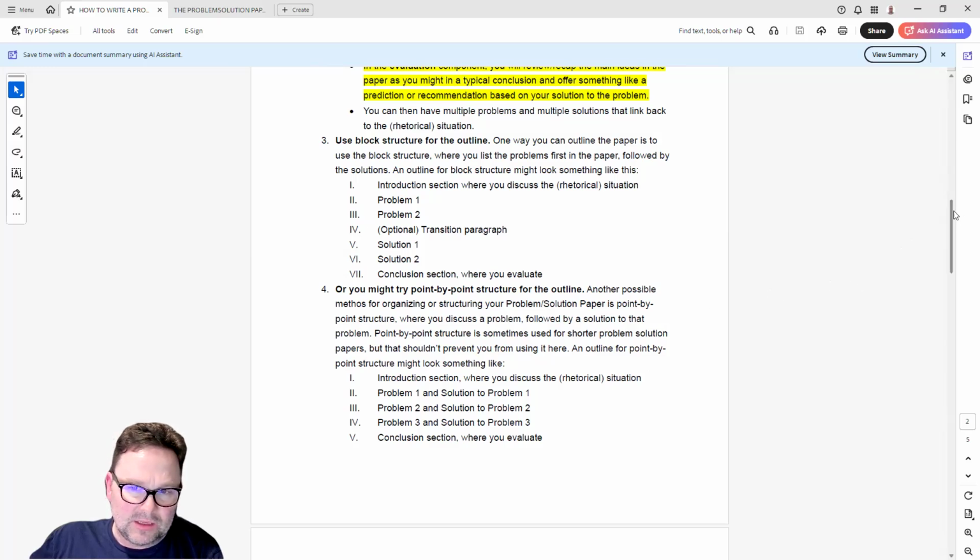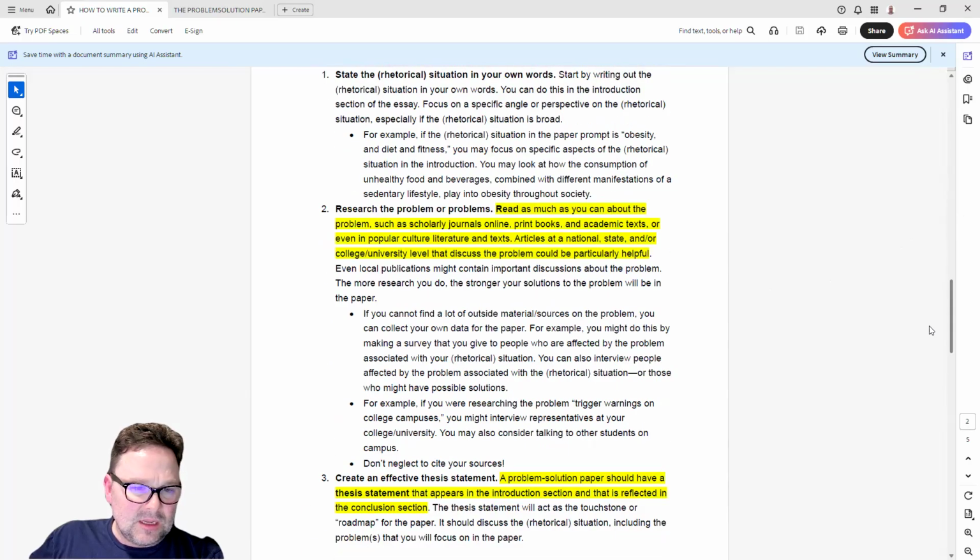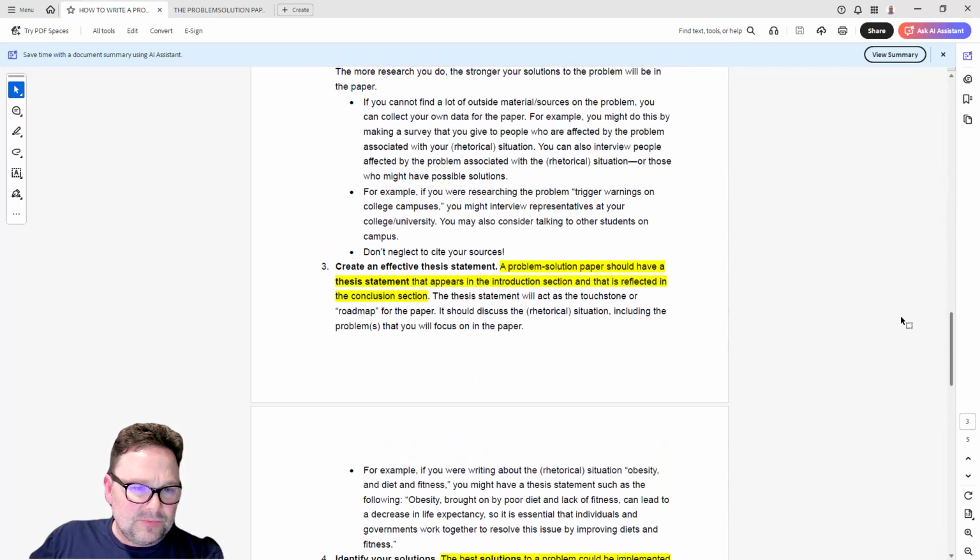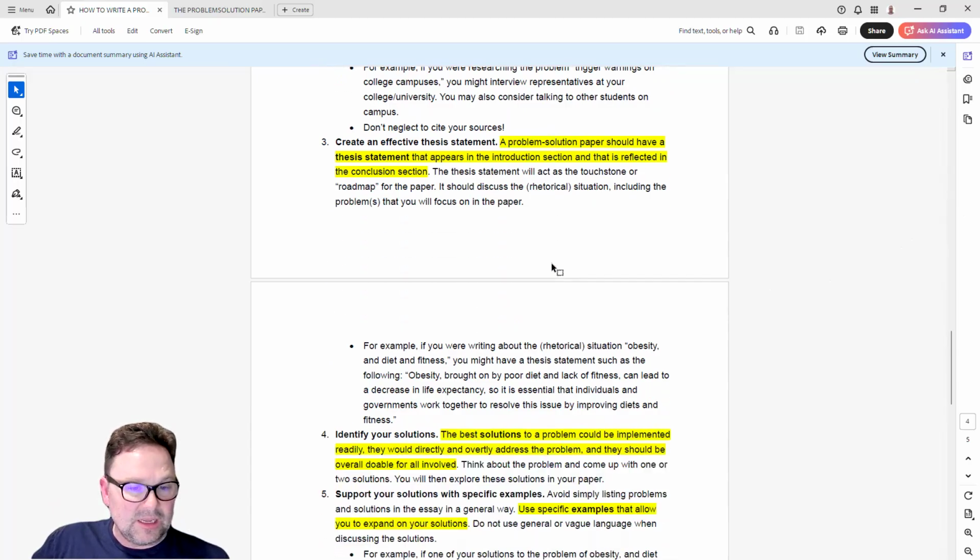We'll probably go over that at some point in the next week or two, but this paper is not the place to have a very general or very vague thesis statement. We want to make it specific. We want to make it focused so that it really does this roadmap effect and reveals to the reader what the pages subsequent to it will contain.